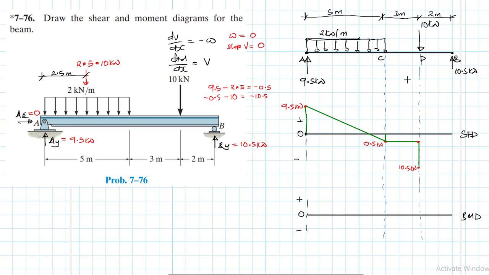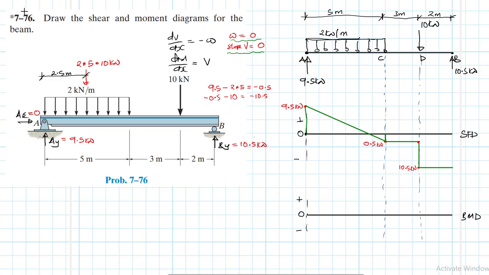Right, and then between D and B again we have 0 load. We also expect a slope of 0. So again, we are going to expect a straight line like so, just before B. The moment we reach B, we expect this shear to be increased by a value of 10.5.